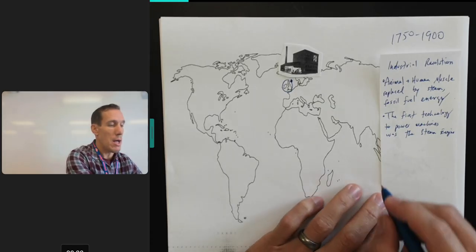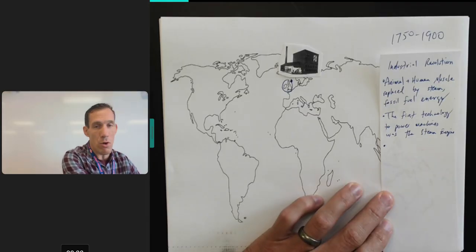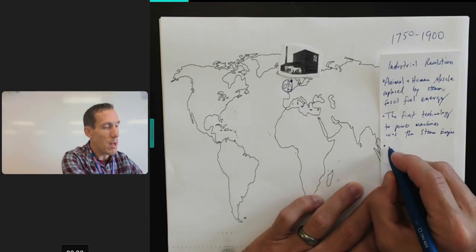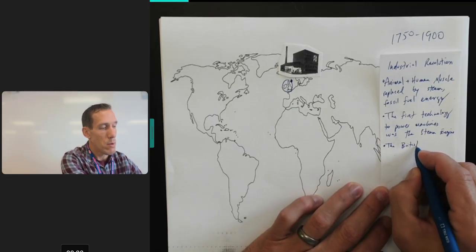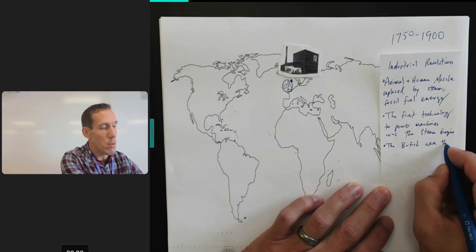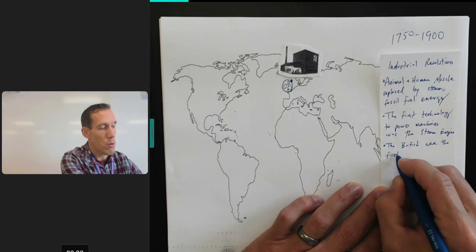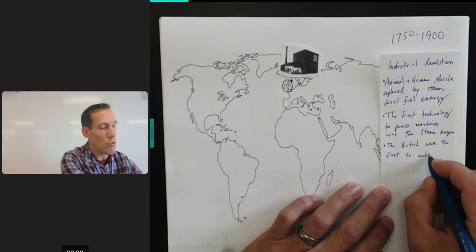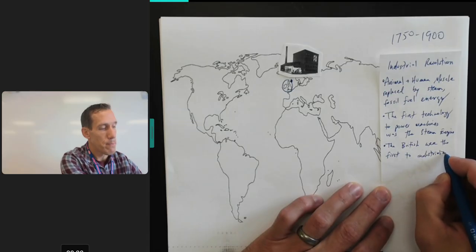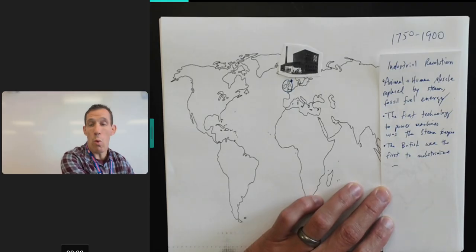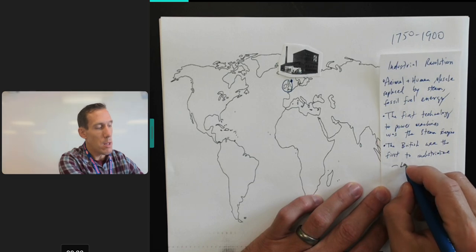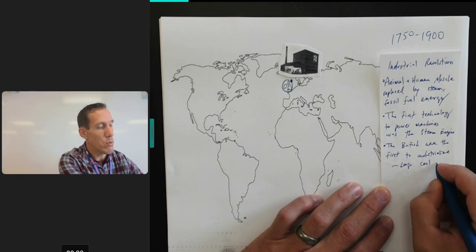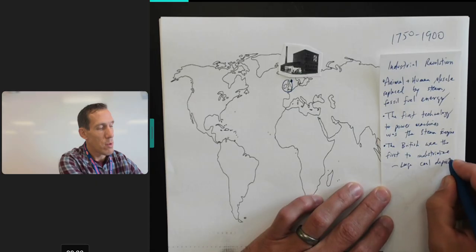So you definitely want to know that the British were the first to industrialize. Why? One of the main reasons is they had large coal deposits.